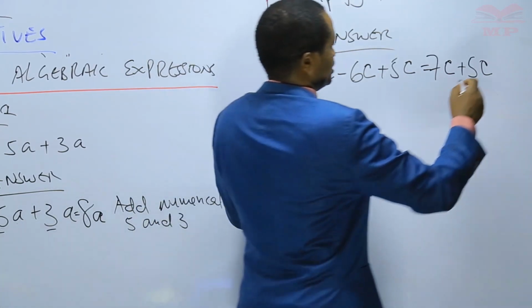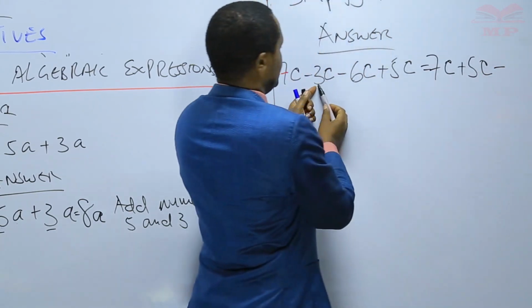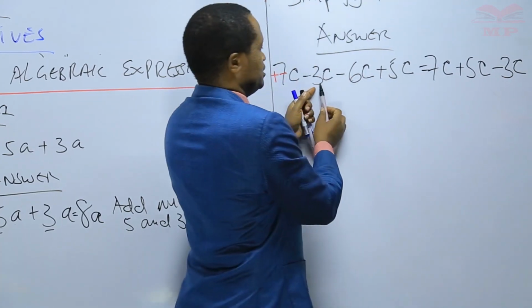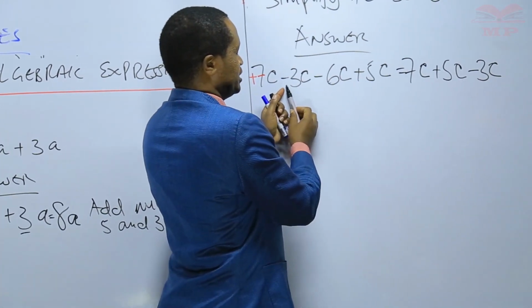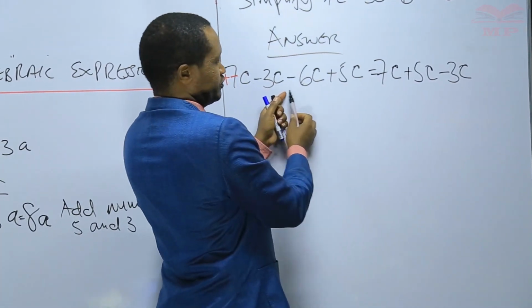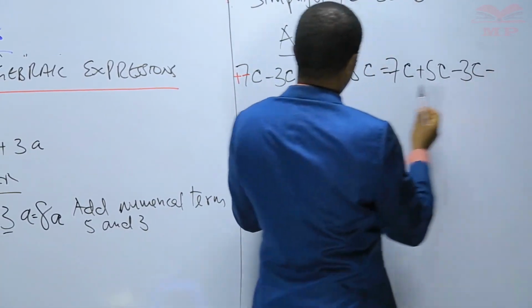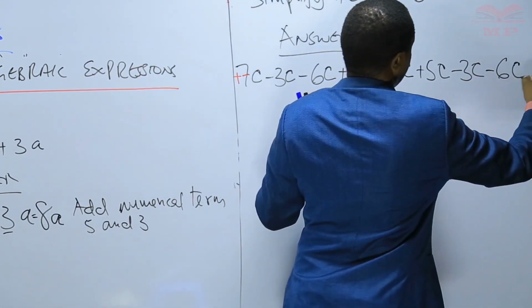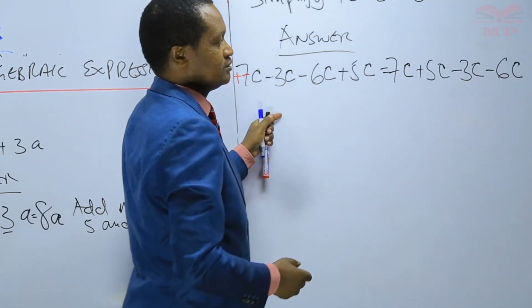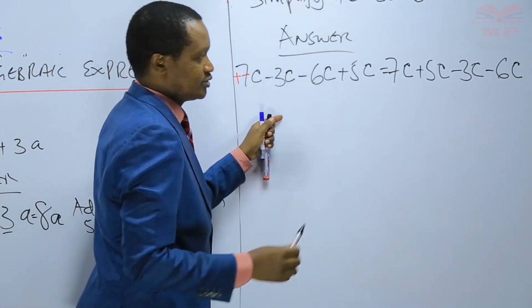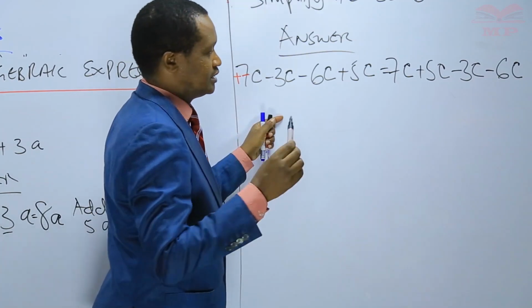Then you can continue and write 3c. 3c has a negative before it, 6c has a negative before it, so we should indicate negative before this term 6c. So we have rearranged the terms so that we can add and subtract.